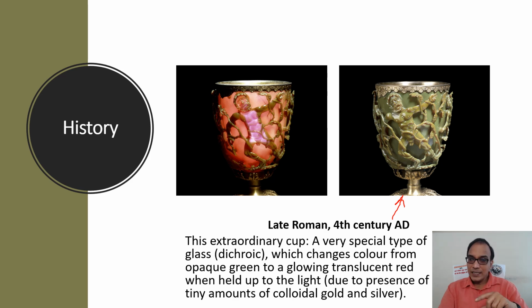The opaque green cup turns into a glowing translucent red when light falls on it. The glass contains a tiny amount of colloidal gold and silver, and this is responsible for the optical activity. So you can see that from the late Roman 4th century AD we have been using it.